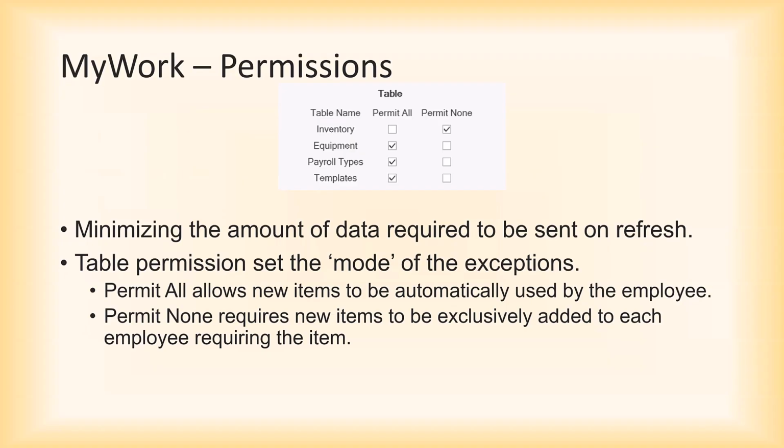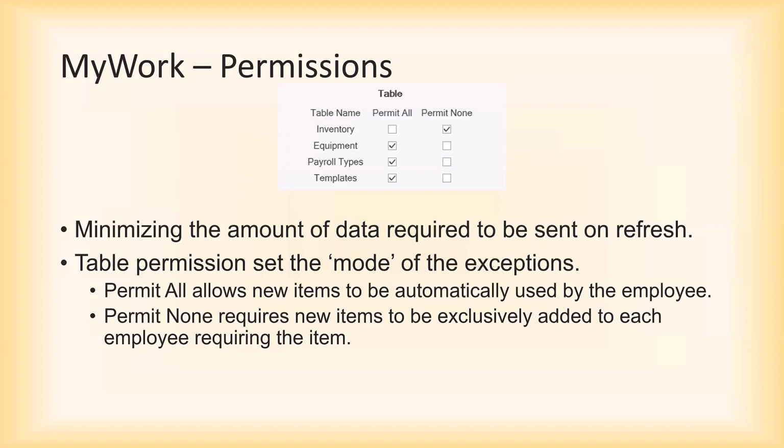So you can look at things like here, I have permission for inventory set to none, which means if I want him to see any of the inventory, like maybe he just wants to see road materials, I have to enable every road material, which means I'm going to have to send over information. Now, it's not that much, but again, every little bit of information over the wire means things go slower. So we try to keep that limited.